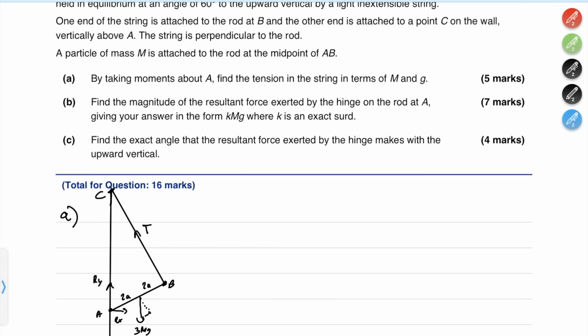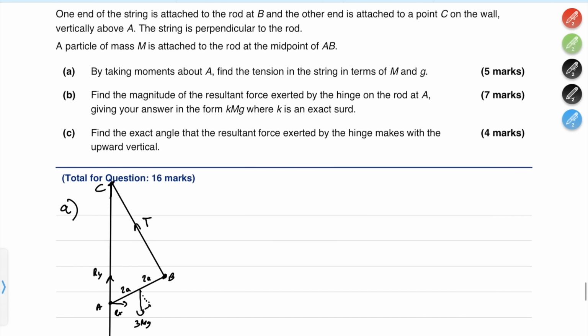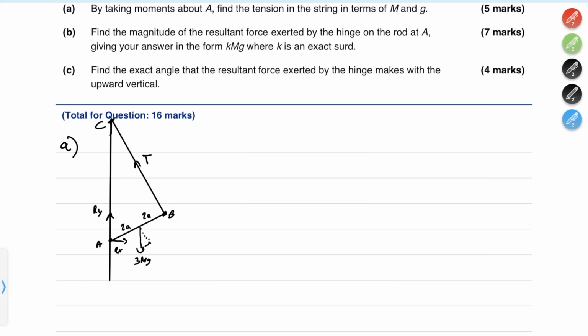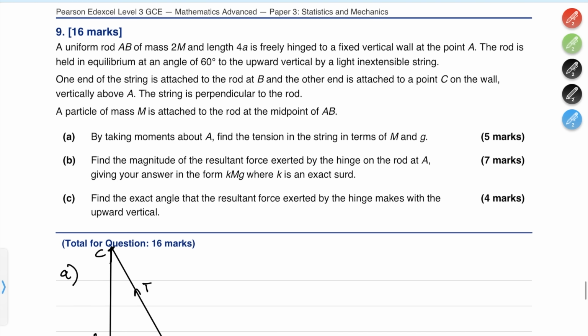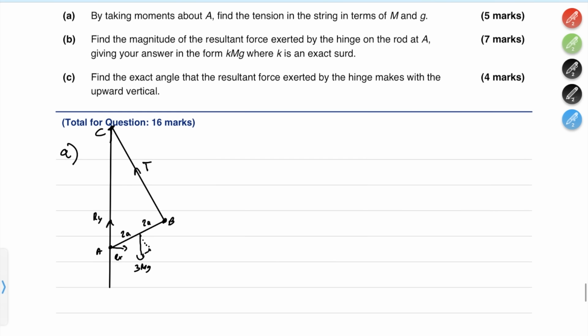And now the first part is asking us to find the tension in the string in terms of M and G by taking moments about A. So if we're taking moments about A, this is held in equilibrium, so we can say clockwise moments is going to equal anti-clockwise moments.